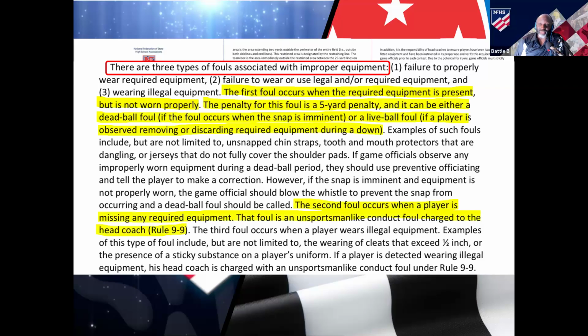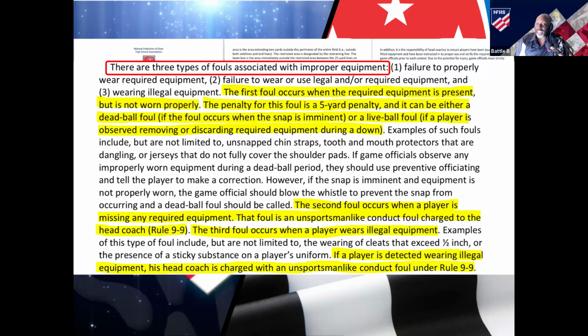Now, the second foul occurs when a player is missing required equipment. This foul is an unsportsmanlike conduct foul charged to the head coach, Rule 9.9. So again, if you weren't wearing thigh pads, hip pads, whatever, it was a 15-yard penalty on the coach. And then the third one, if anybody's wearing illegal equipment, and I pretty much didn't really see that much illegal equipment, and we'll cover what illegal equipment is.